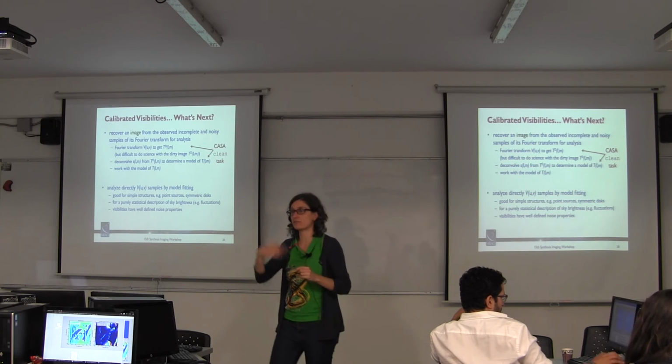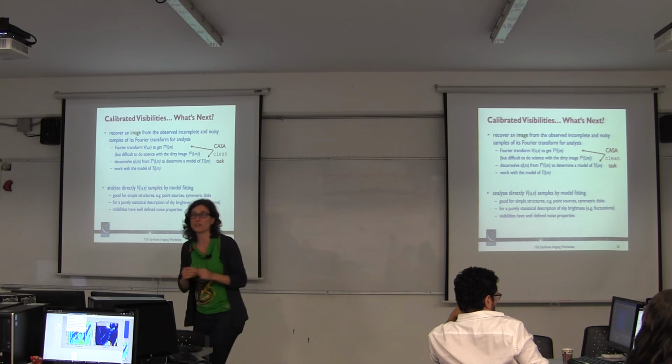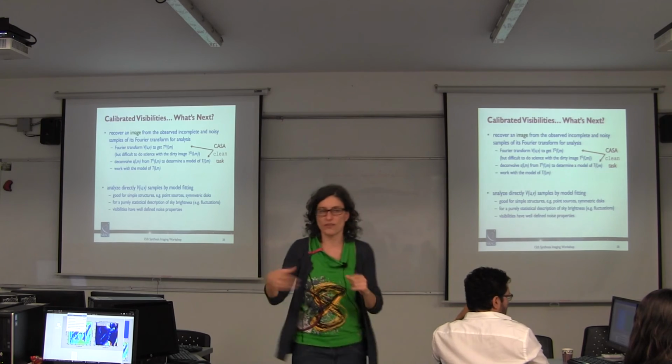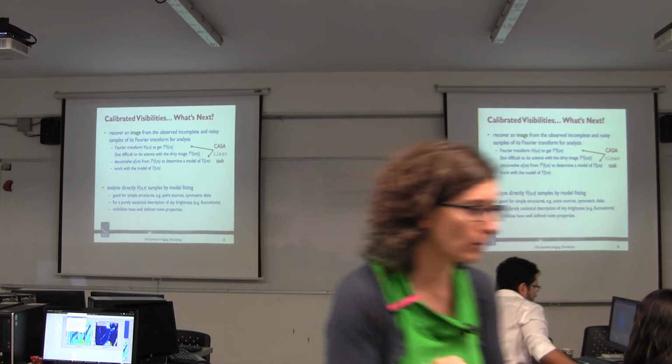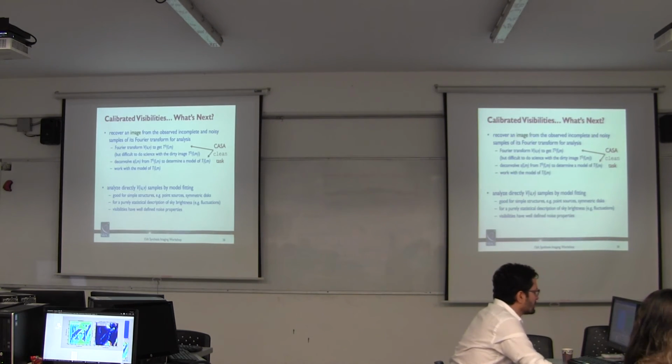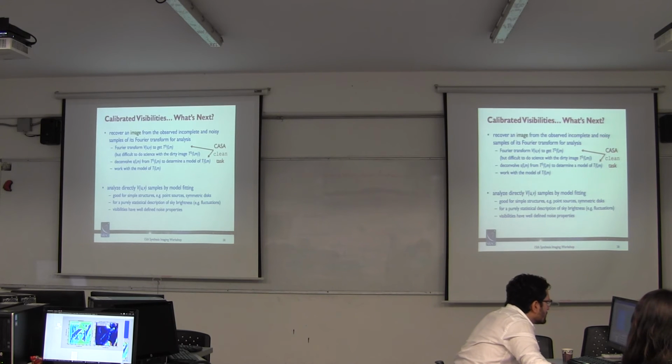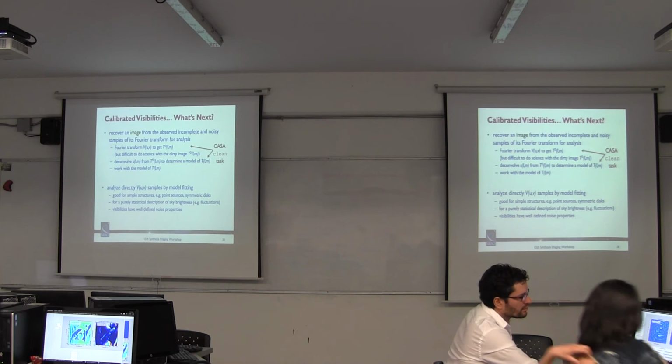Perhaps you can try to clean some images to have an idea how it works. What's this? The true source convolved with the dirty beam. This is the clean image, and these are the residuals.